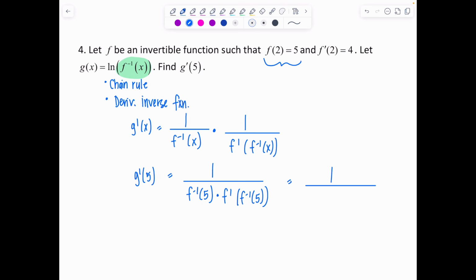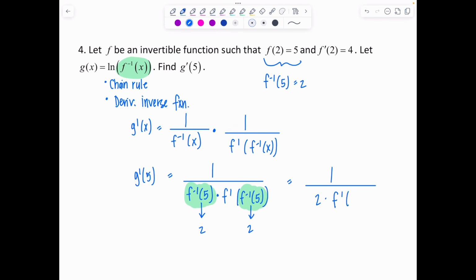F inverse of 5 is 2. Okay, so f inverse of 5 means what x value gives me a function value of 5. So all of that is 2. So is this. That's a 2. Okay, so we have 2 times f prime of 2.